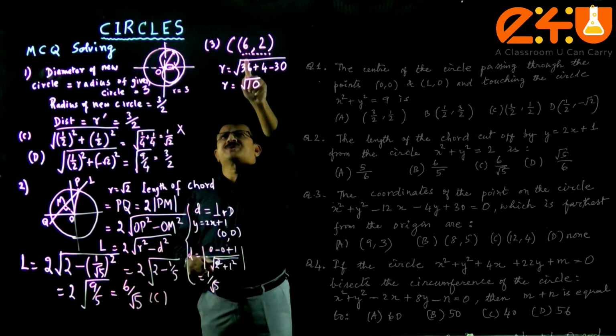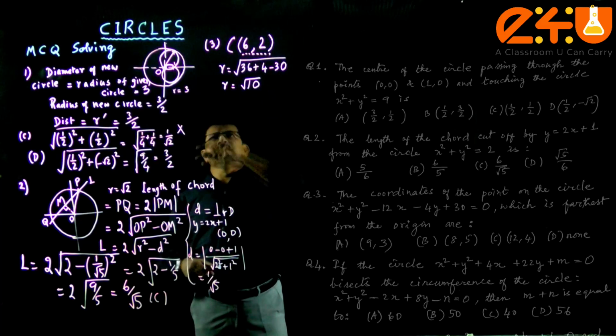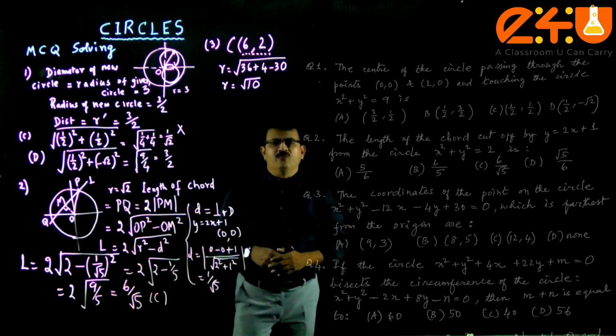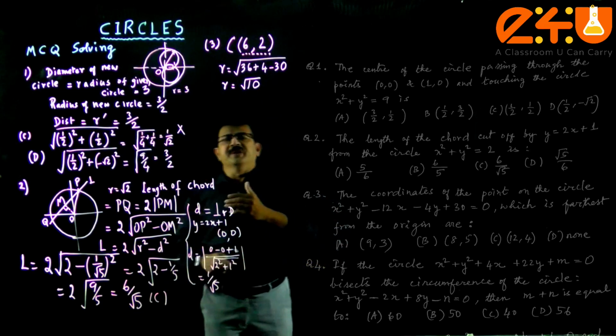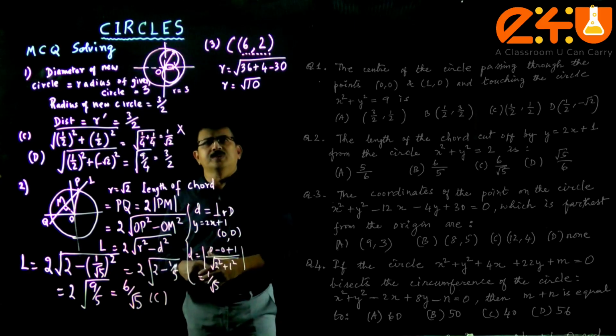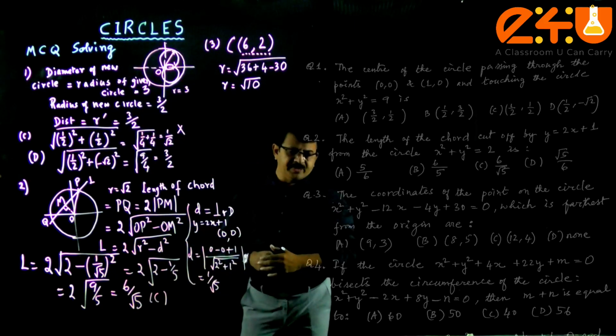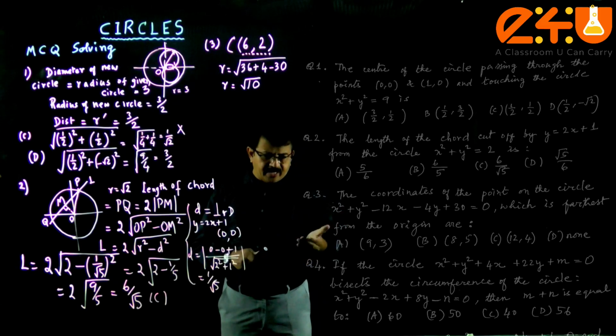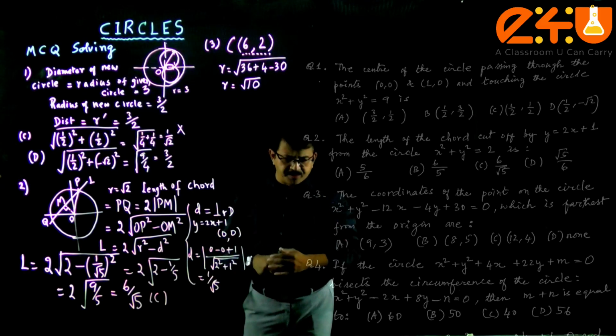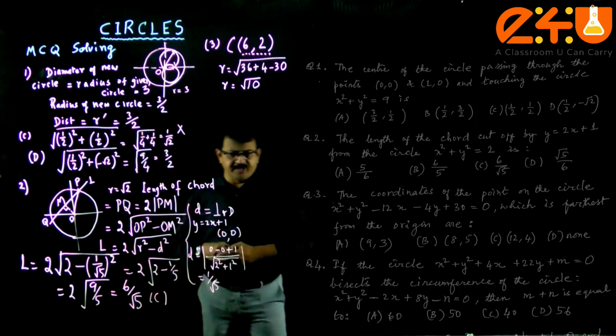So the distance measured from the origin to 6, 2 is square root of 40. Square root of 40, and you add up root 10. So that is the farthest. Okay, let us check one by one. What about option 9, 3, the first option?